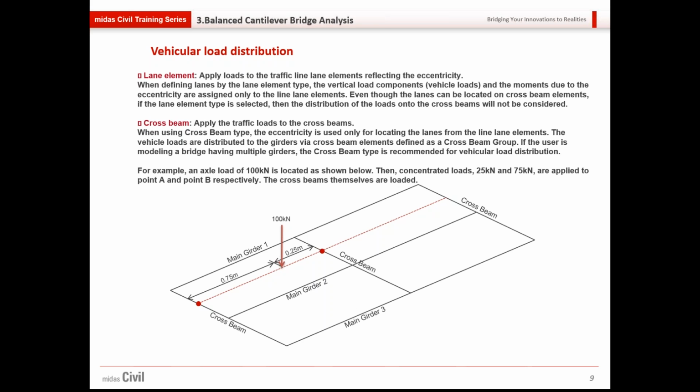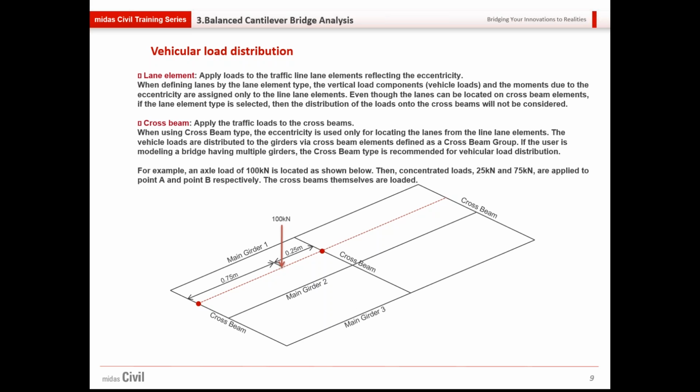However, if the cross beam element option is selected, then as shown in the figure, though your reference element would be, say, main girder 3, you have given certain eccentricity, and say that places the 100 kilonewton load as shown by the arrow in the figure, then that 100 kilonewton load would be distributed to the cross beams, and from the cross beams that load will go to the main girders or the nodes which are supporting that cross beam.